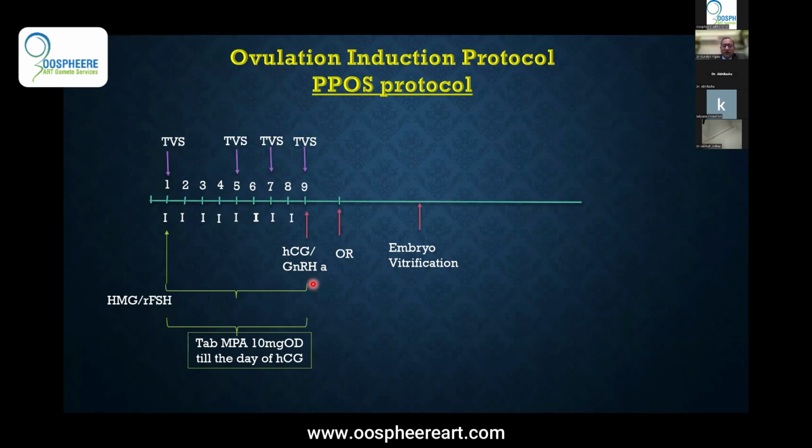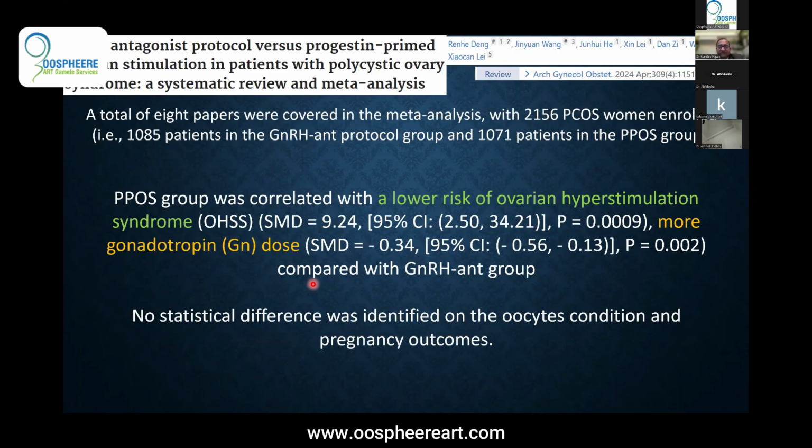Now, another molecule you can use instead of MPA is dydrogesterone. To have a similar effect, dydrogesterone has to be used 10 milligram twice a day. Unlike MPA, where it is 10 milligram once a day, in dydrogesterone it is 20 milligram per day, and you will get the same downregulation effect.